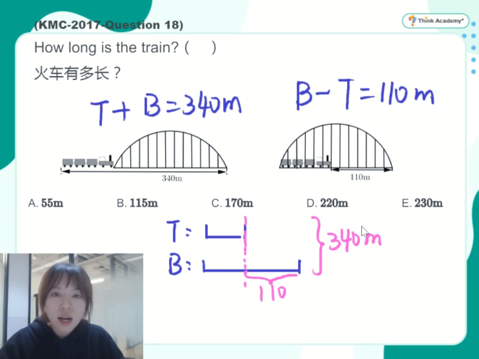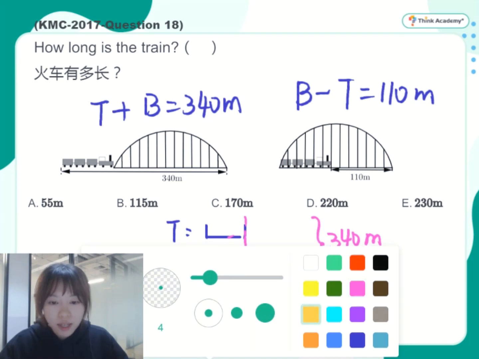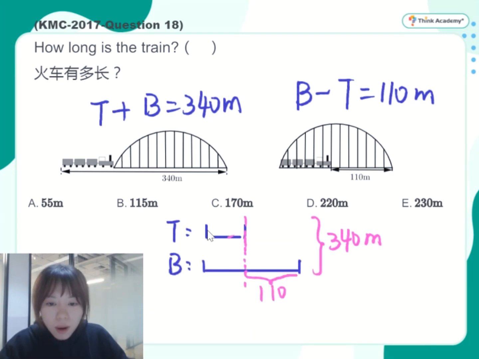After marking the numbers, let's observe our line segments. In these two line segments, is there a part that's the same, that the train has, and the bridge also has? Yeah, just this part. Let me use a different color. So this part is the same in the bridge and in the train.